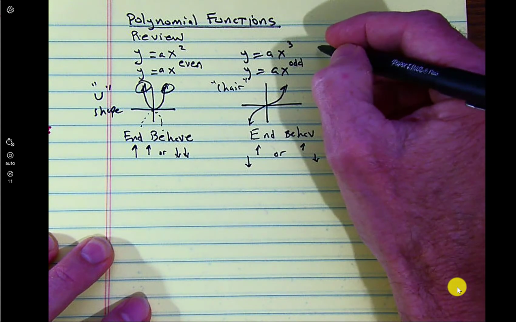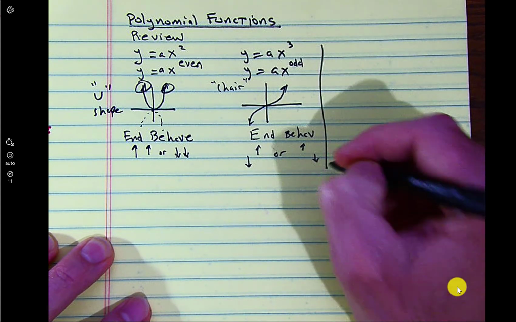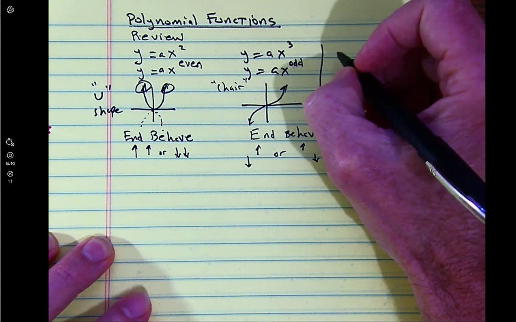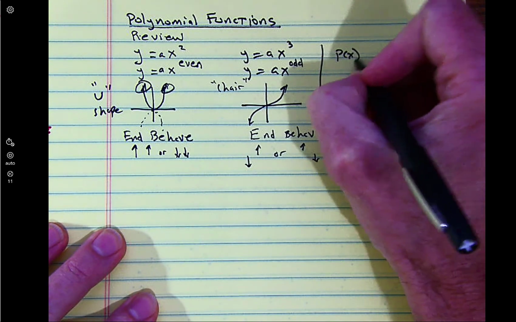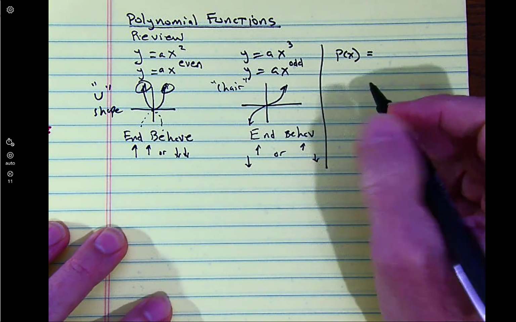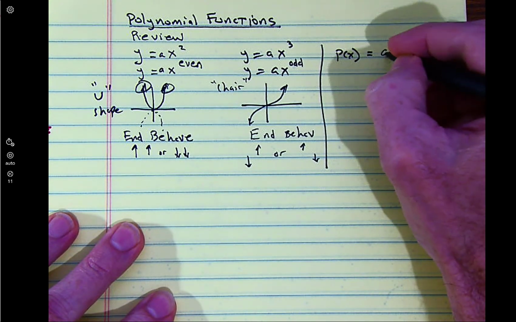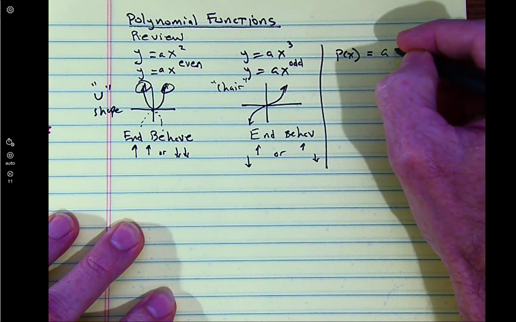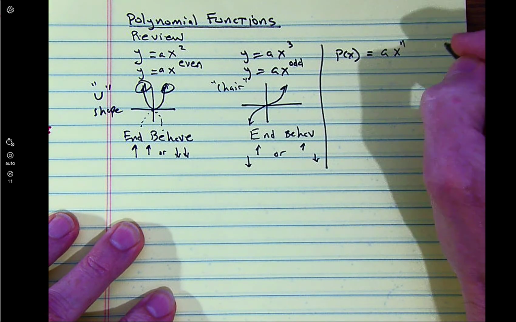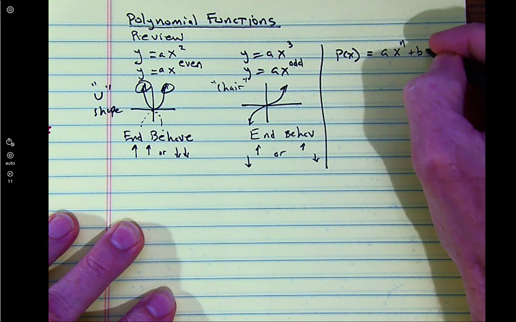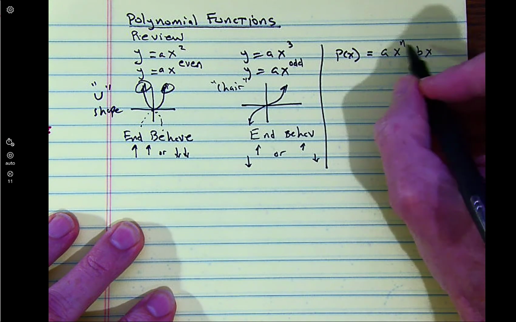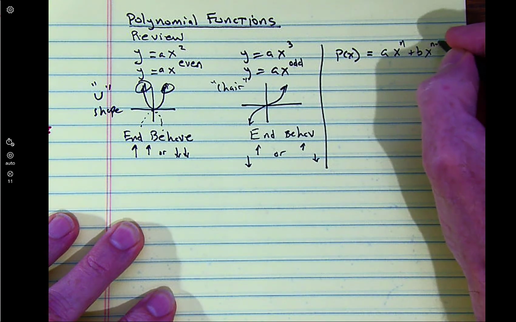So that leads me into polynomial functions. If we have a polynomial function, p of x, it's going to have a leading degree. It's going to have a x to the n power plus bx to the next one down, possibly n minus 1.